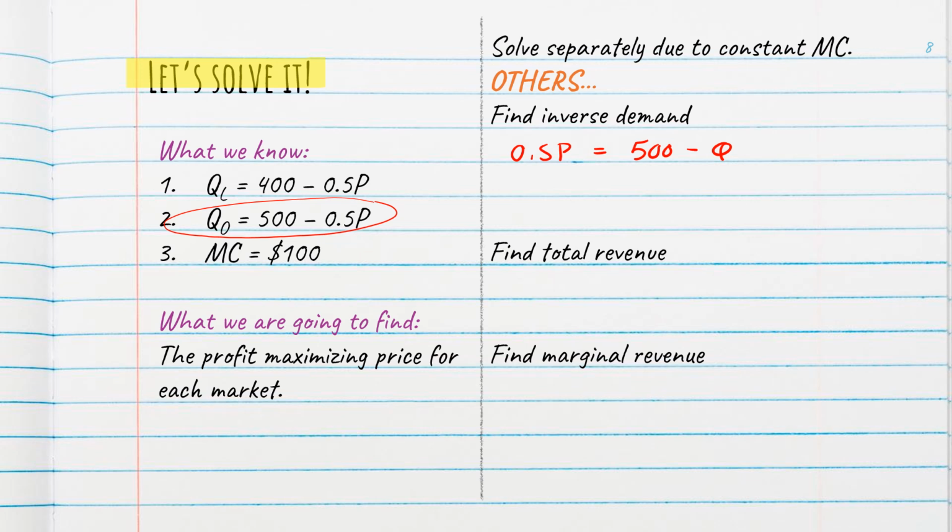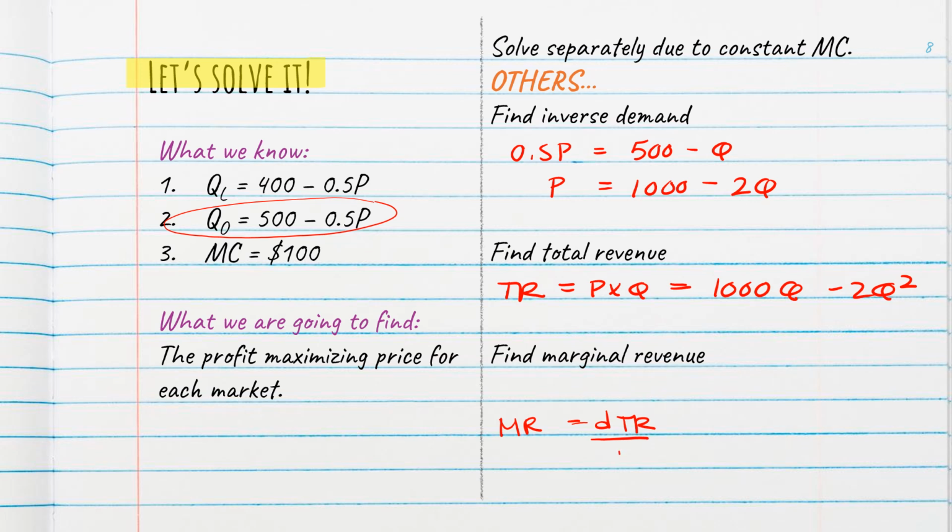Multiplying both sides by 2, we get p is equal to 1000 minus 2q. As we saw previously, total revenue is price times quantity, which we can write as 1000q minus 2q squared. So I'm taking my inverse demand and multiplying it through by q. And then finally, we can find marginal revenue by differentiating that total revenue function with respect to q, and we get 1000 minus 4q.